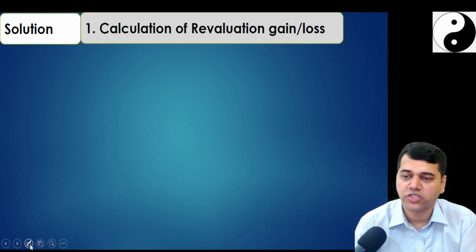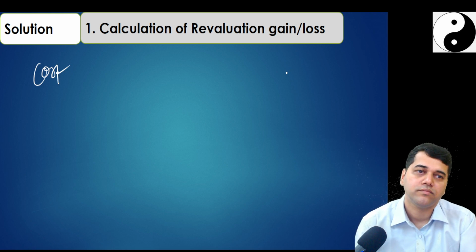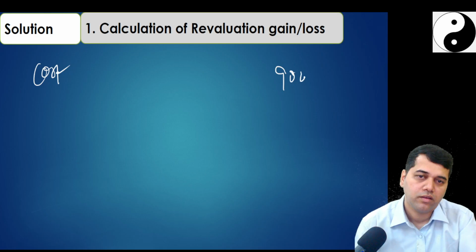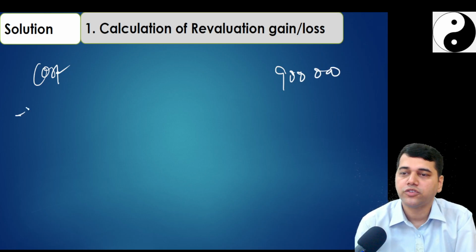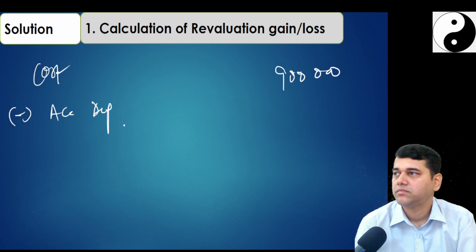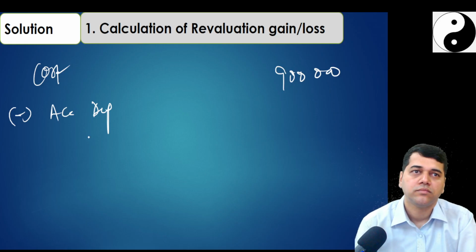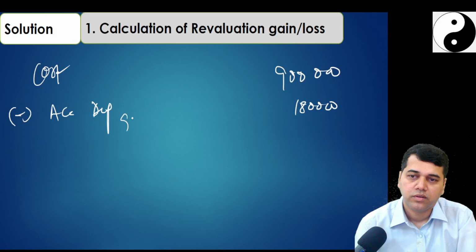So what is my cost? ₹9 lakh. Now I need to do a revaluation. Less accumulated depreciation. How much is my accumulated depreciation? 1,80,000, that is 9 lakh divided by 10 into 2.